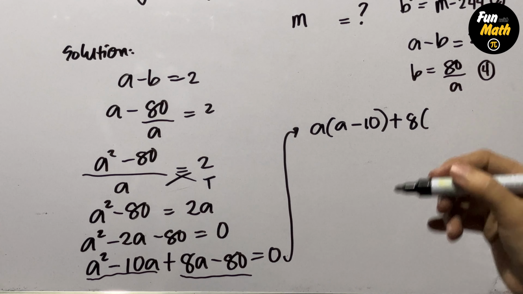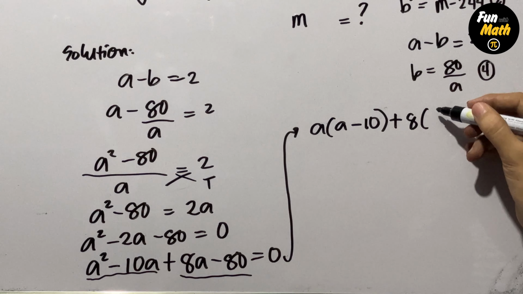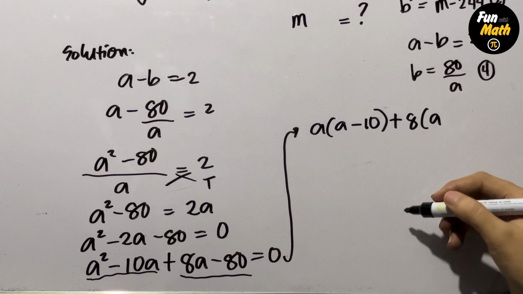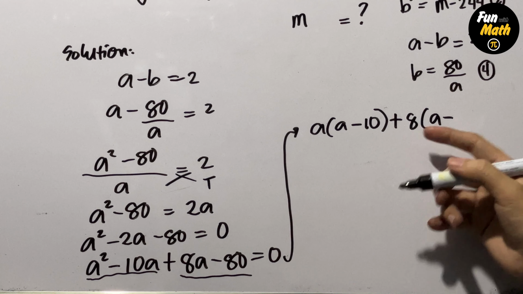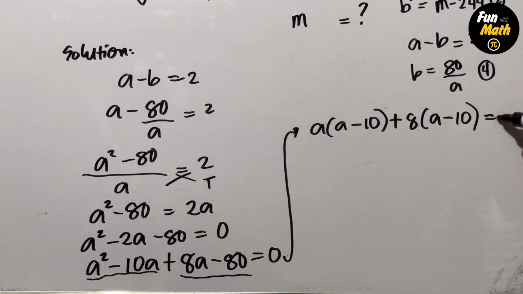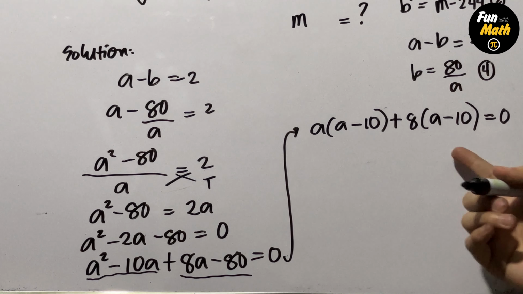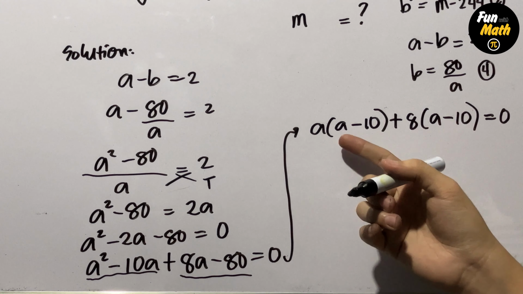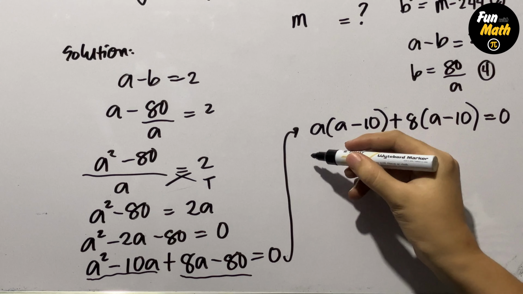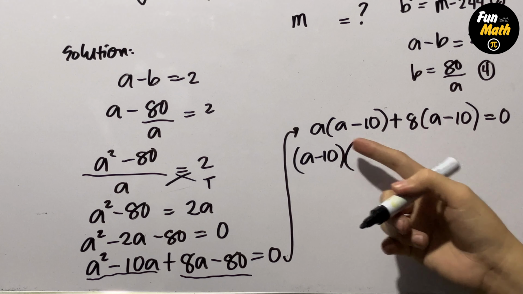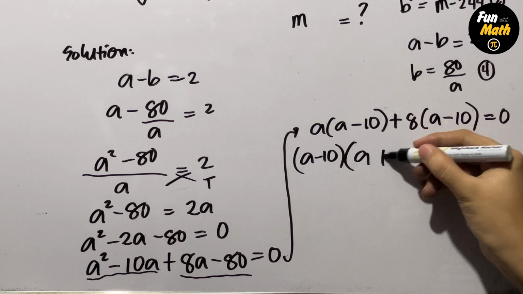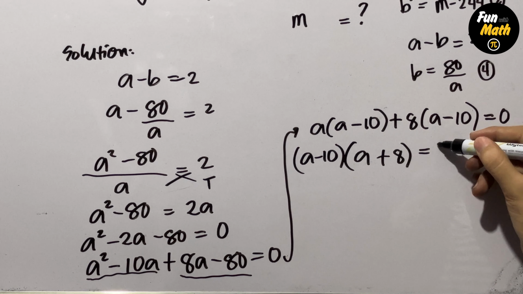So 8 times 8A divided by 8, that's A, minus 80 divided by 8, that's 10, equals 0. Now, they have the common, which is A minus 10. So let's take it out. A minus 10 times A plus 8 equals 0.